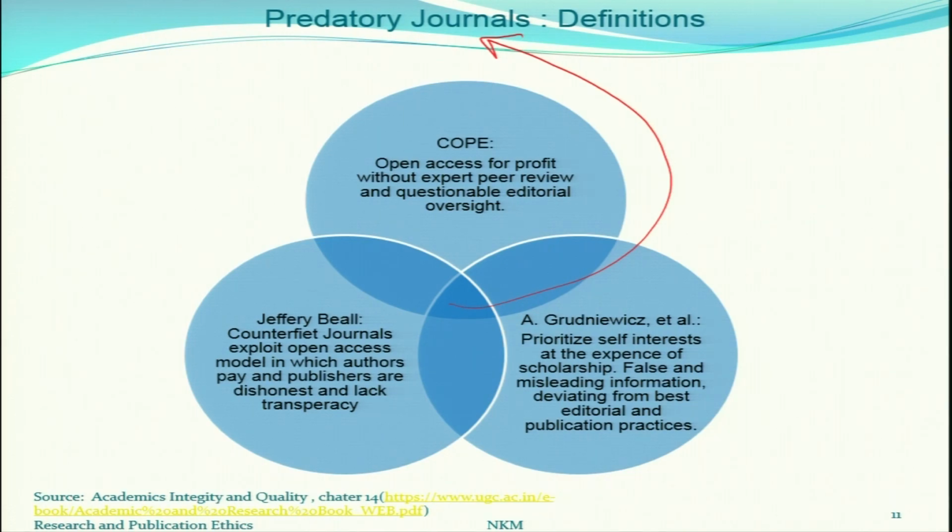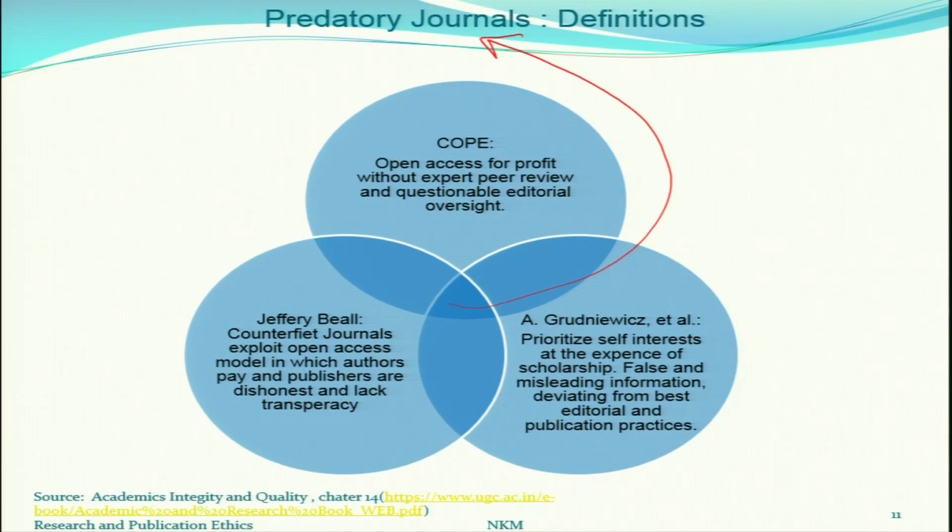When you see the predatory journal pages, you find several mistakes in terms of grammar and language. You find misleading details, no contact number, so you will find all the false details on such pages of these predatory journals.